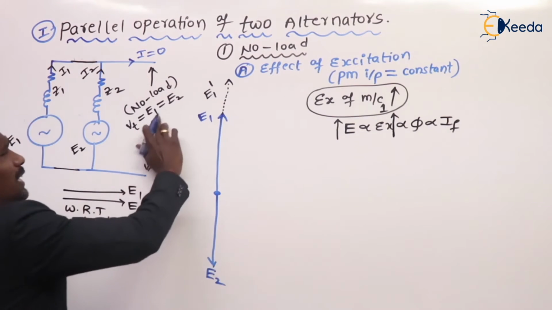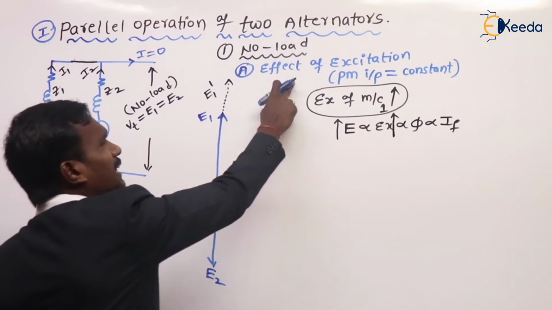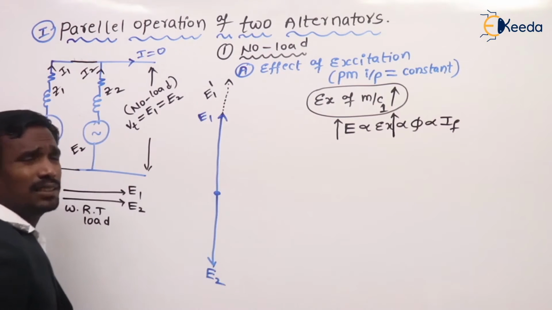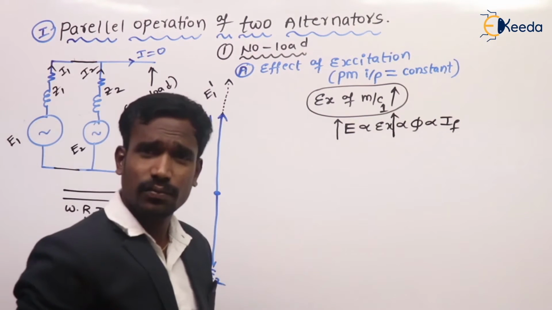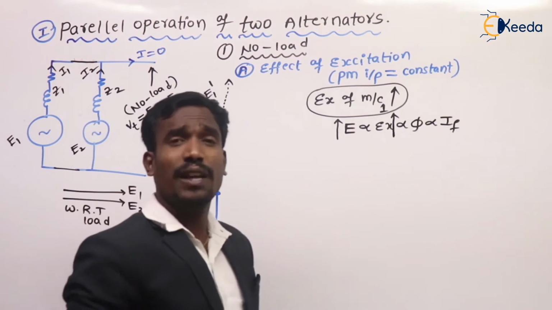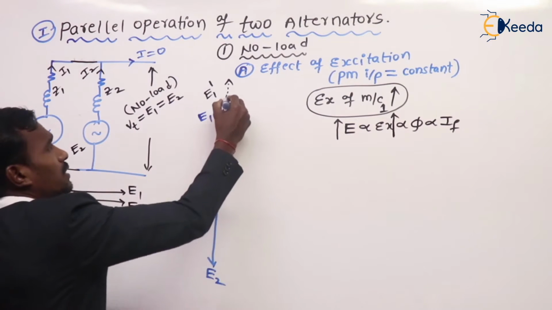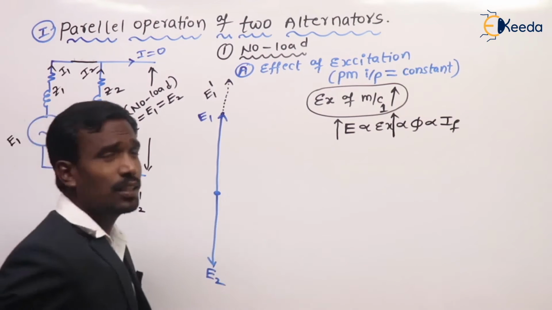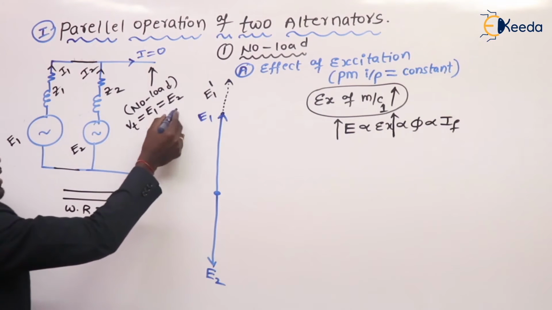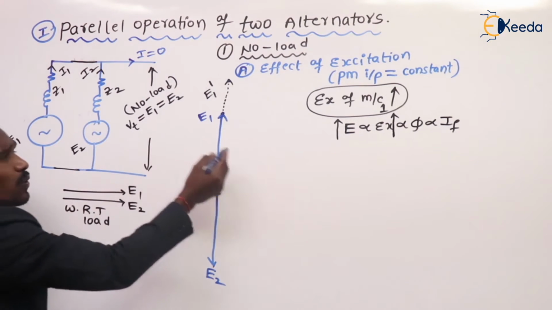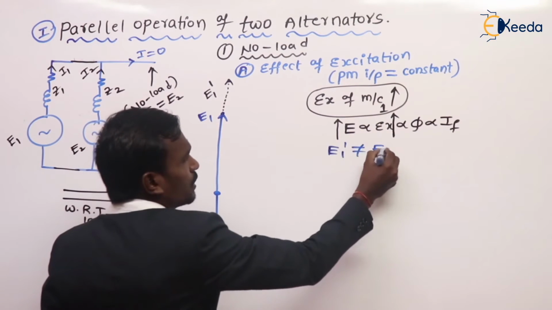Both were equal, but when the excitation of machine 1 changes, only the EMF will change. There is no change in phase shift, because we are not changing the frequency, we are just changing the excitation. So only this is increased up to E1 dash. When this is increased, these two are not equal, E1 dash is not equal to E2.